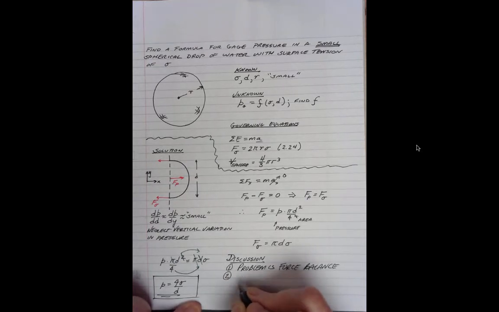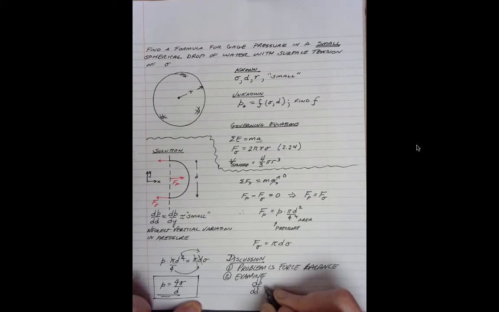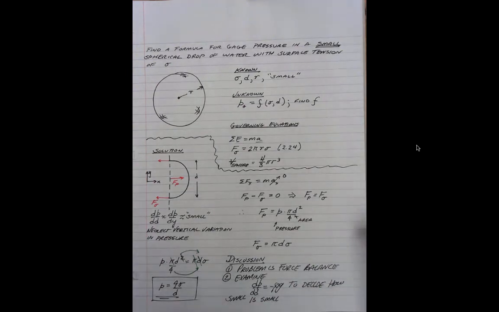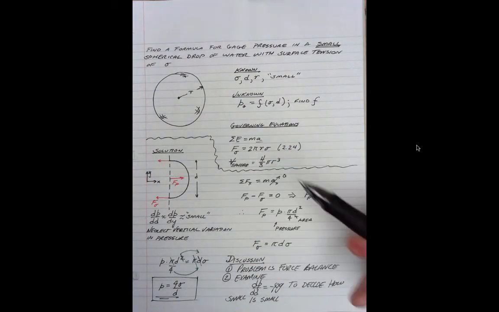And we could examine dp/dy equals minus rho g to decide how small is small. Okay, because there has to be some variation, but we don't really know what it is. And doing part 2 is kind of outside the scope of this class. All right, well that concludes this example.